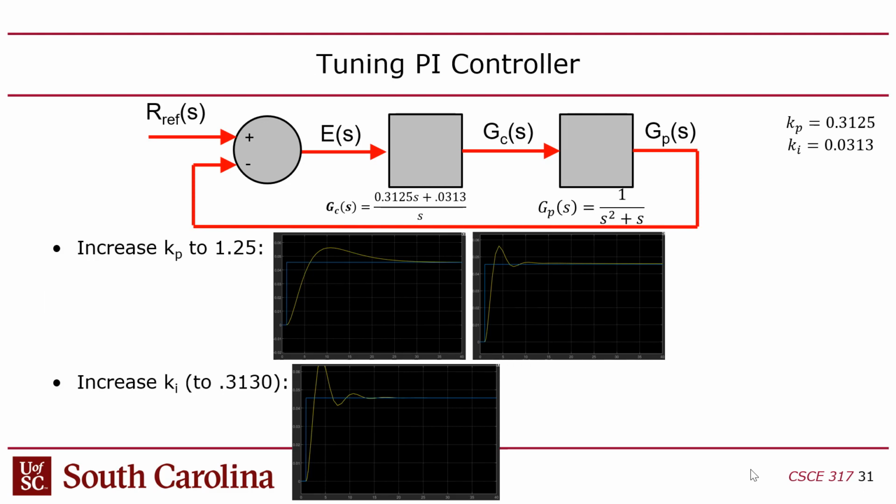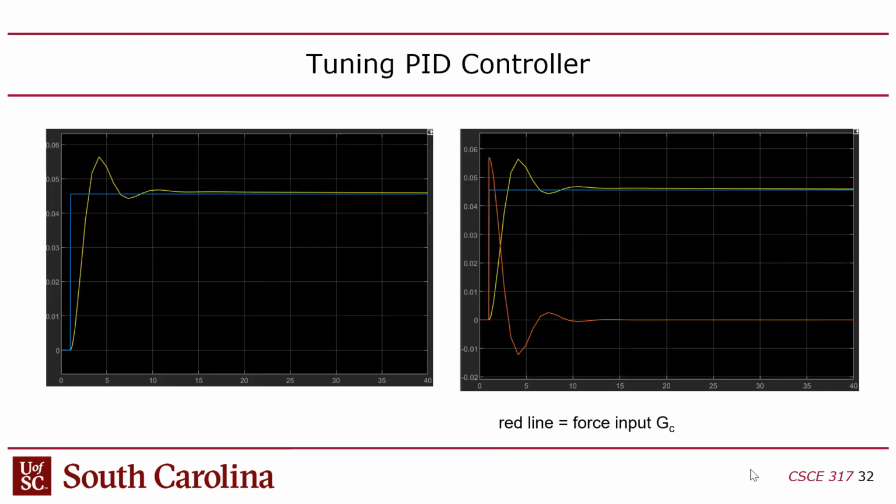But again, I don't really know how else to play with these numbers to get this thing to work better, or even to guarantee that it's stable for that matter, other than going back and rechecking the transfer function. So that's a little dicey, but adjusting these things is outside the scope of the course. I just want you to understand the concept and the limitations.